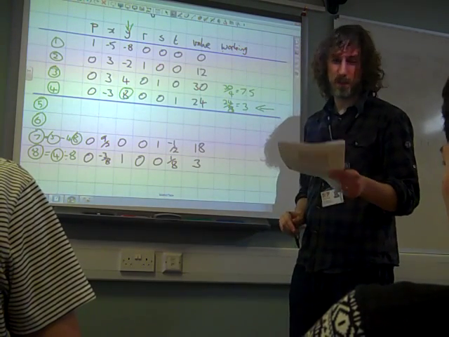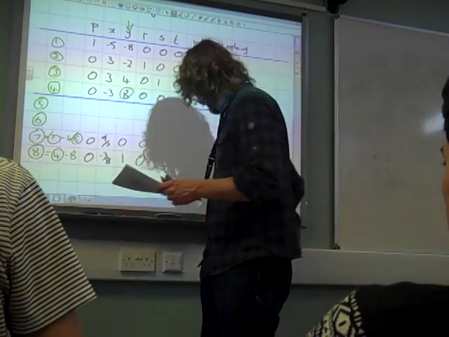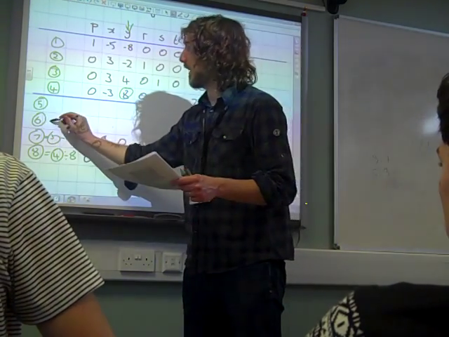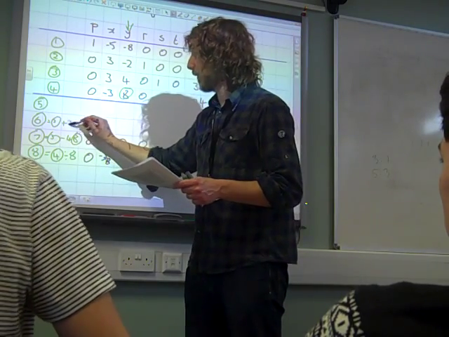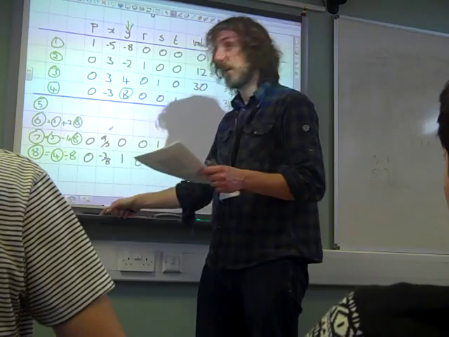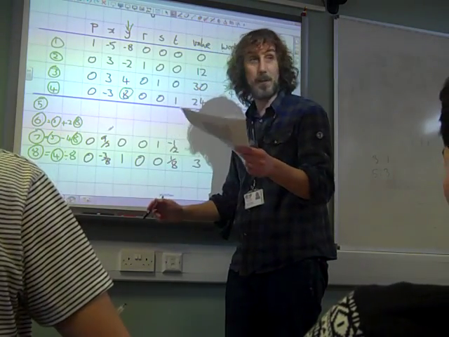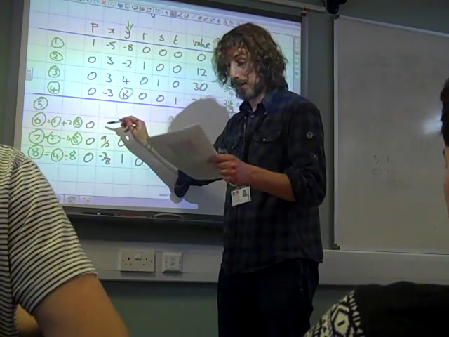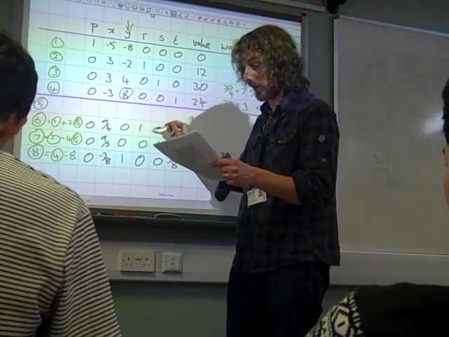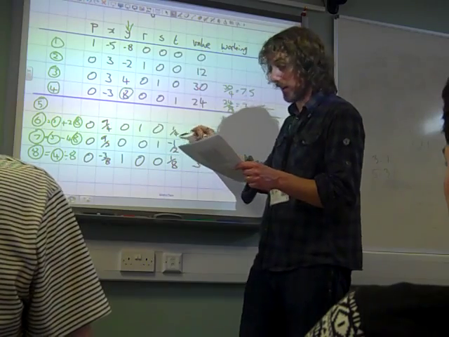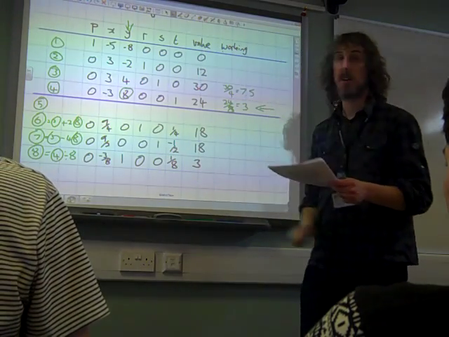Then row 6 is row 2. We've got a minus 2 there, so we need to add 2 lots of row 8. So that gives us 0, 9 over 4, 0, 1, 0, a quarter, and 18.